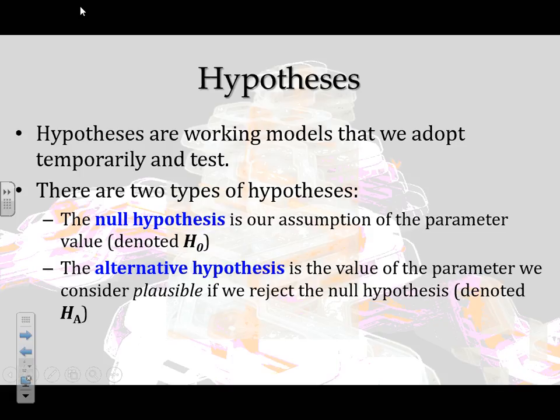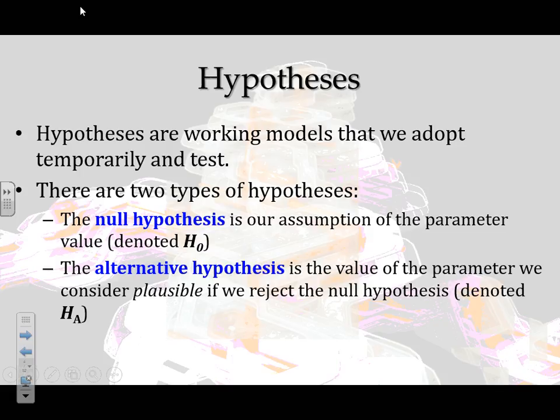Now, one thing to note: in the definition here it says the alternative hypothesis is the value we consider plausible. But the only thing we can test, based on the way we calculate our values and use them for the test, is a range of values. So the alternative hypothesis can never be equal to one single value.